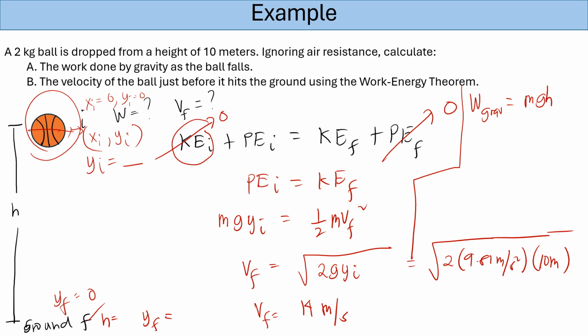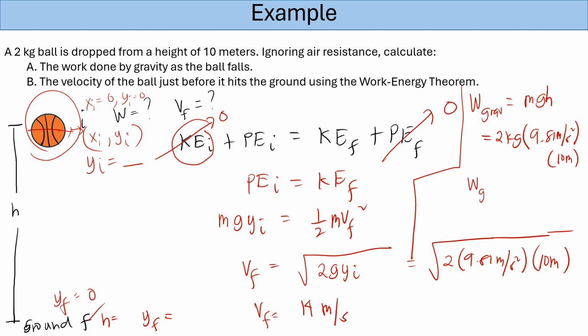Which is equal to 2 kilograms times 9.81 meter per second squared times the 10 meters height.